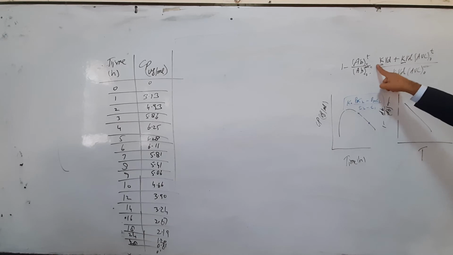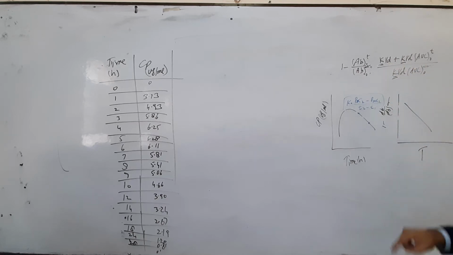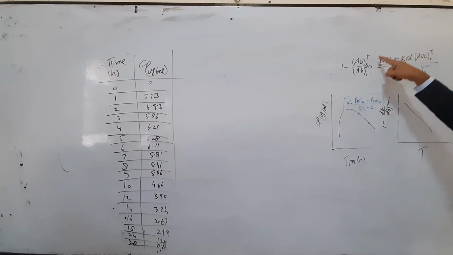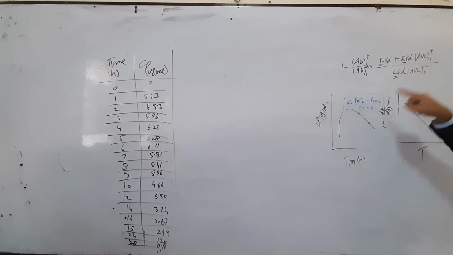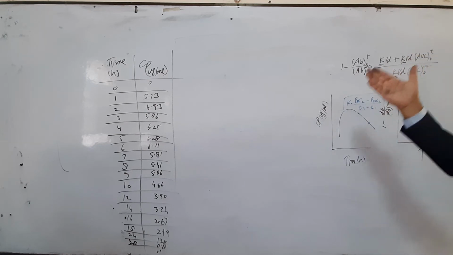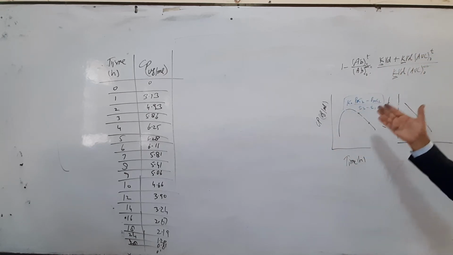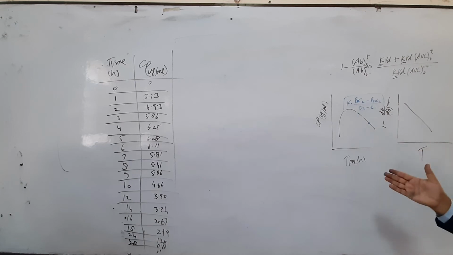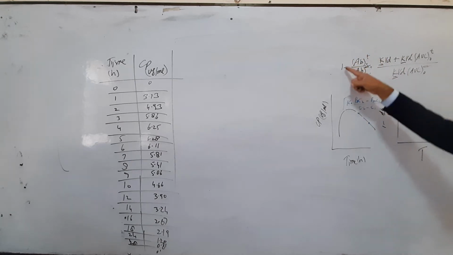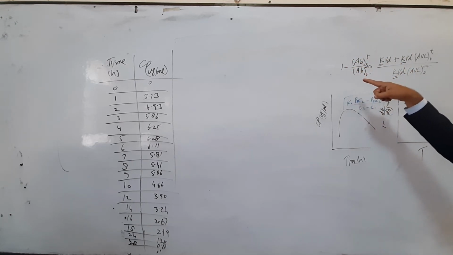Now we have the k, and the Vd value is a constant. First we will solve the numerator, then make the denominator, and divide to get the column of 1 minus Ab over Ab infinity. This is our target.